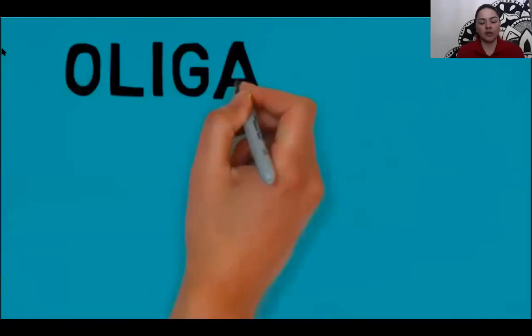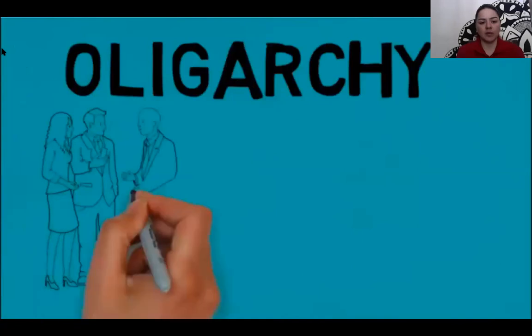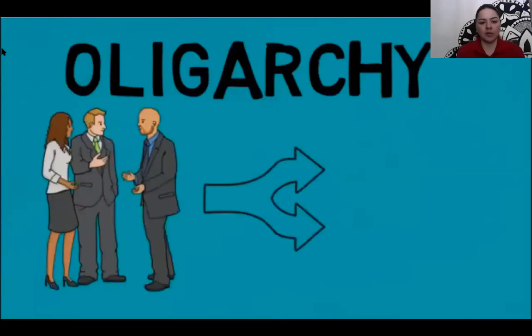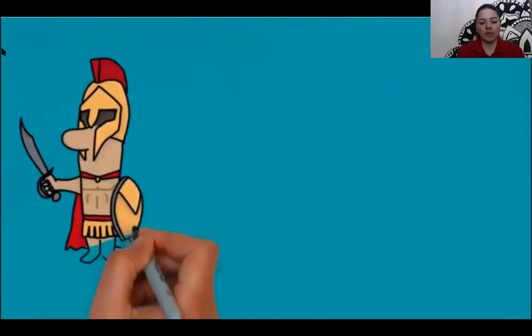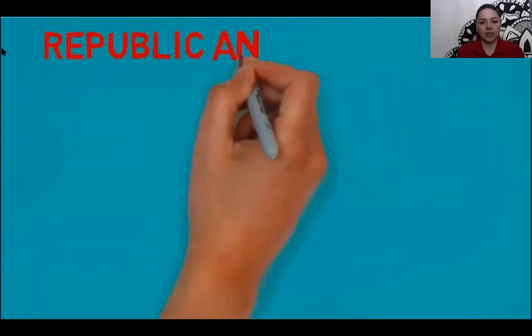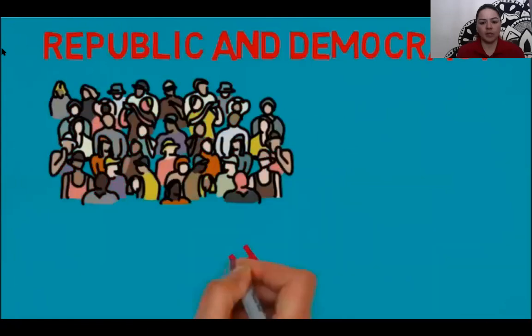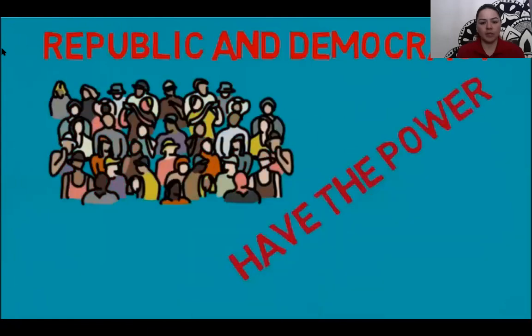Next is an oligarchy, and an oligarchy is multiple people, it doesn't matter how many, who share that 100% of the power. A historical example is Sparta. Sparta was ruled by 3 leaders, so that whenever one would leave, there would still be a leader. A modern example is Russia. A republic and a democracy are led by the people having the power.